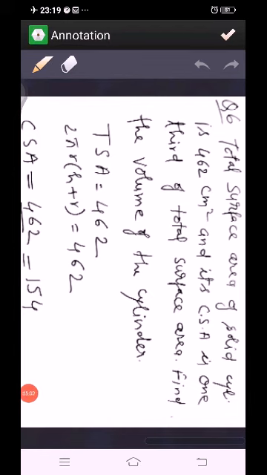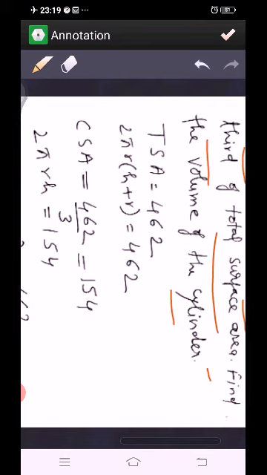Now let us take question number 6. Total surface area of solid cylinder is 462 centimeter square and its curved surface area is 1/3 of total surface area. Find the volume of the cylinder. Here total surface area is given 2 pi r (h plus r).